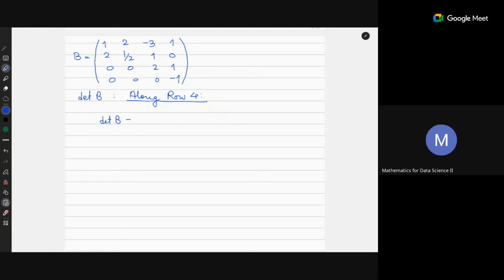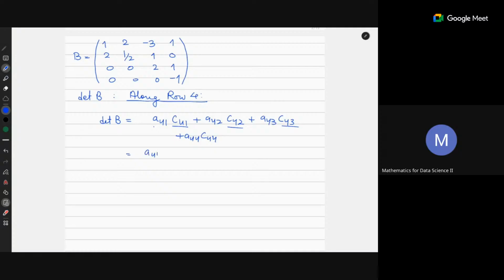So the determinant of B would be A41 C41 plus A42 C42 plus A43 C43 plus A44 C44. Now, what are A41, A42, A43? These three values are all 0. So these three terms, you don't need to calculate these cofactors because their coefficients are 0.